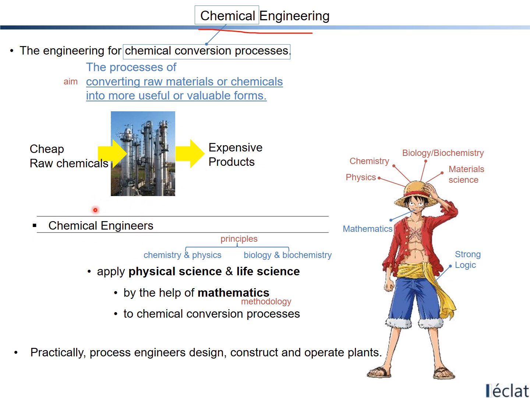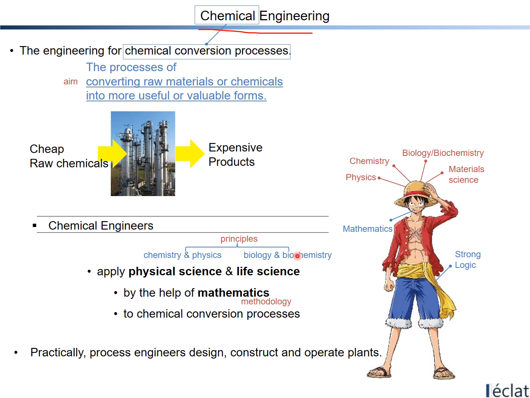Who are chemical engineers? The chemical engineers are the engineers to apply physical science and life science by the help of mathematics to chemical conversion processes. So we are using various principles like chemistry, physics, or biology and biochemistry.